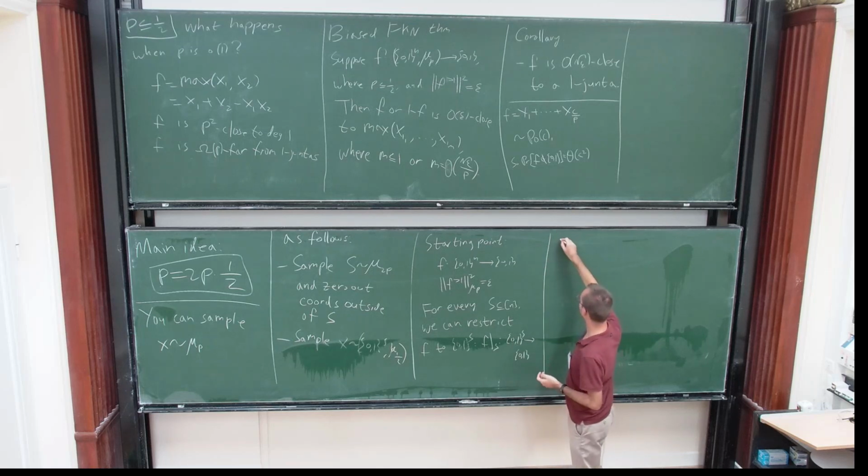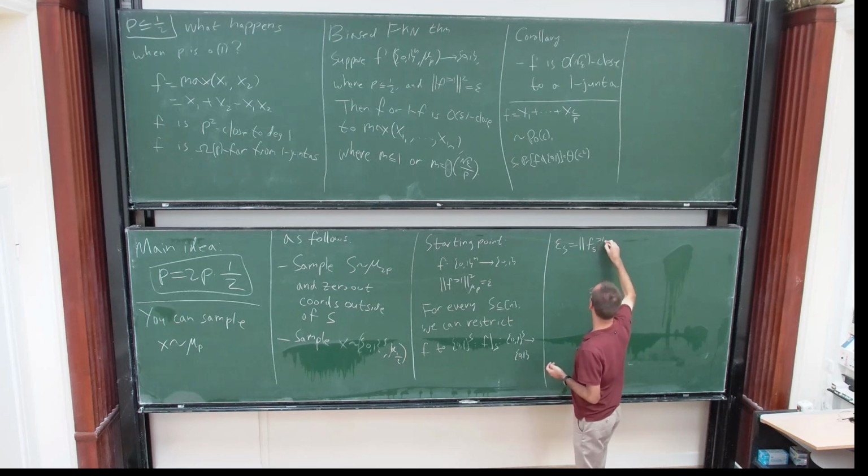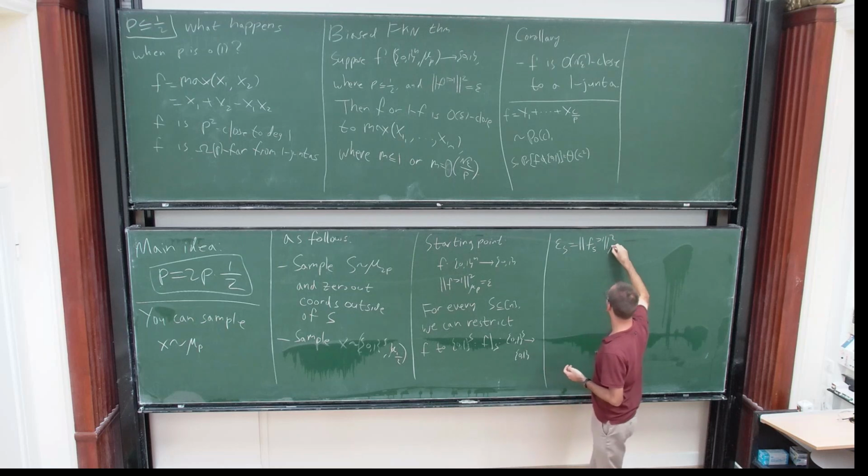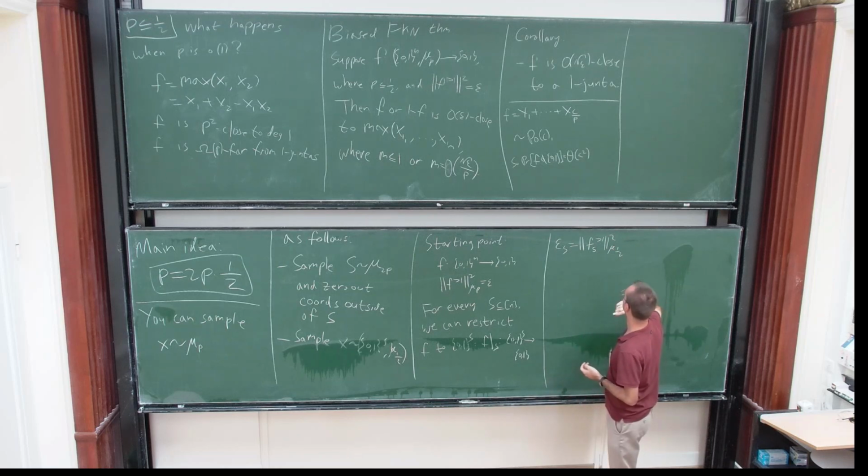Now if you define epsilon S to be the distance of f_S from degree 1 according to the unbiased measure, then the expectation when S goes according to mu 2p of epsilon S is at most epsilon.